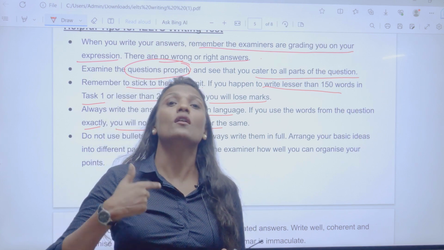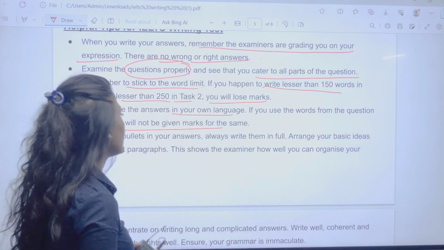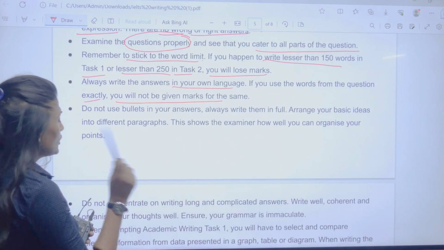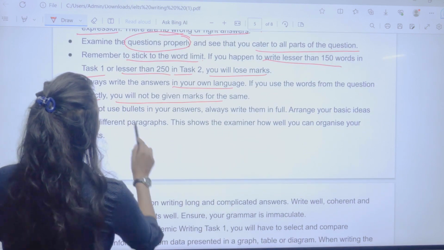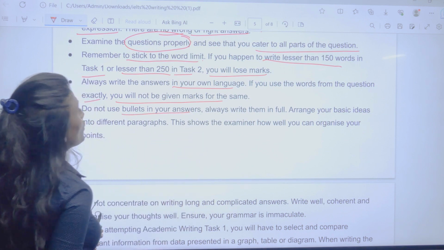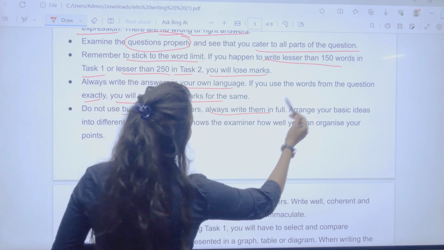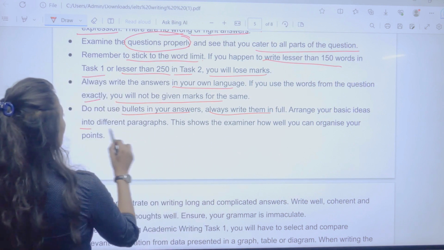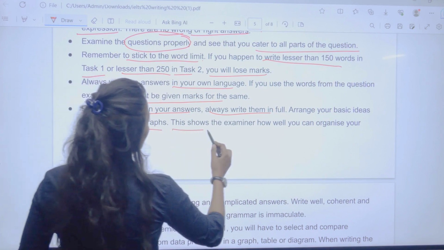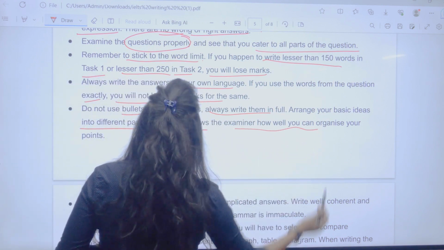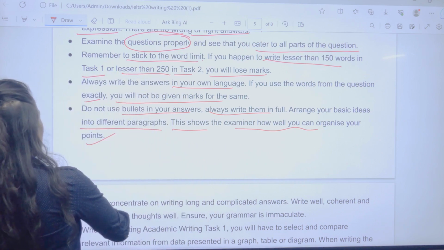So you need to paraphrase. Okay, so that is really important. It is again advisable, do not use bullets in your answers. Always write them in full. Arrange your basic ideas into different paragraphs. This shows the examiner how well you can organize your points.